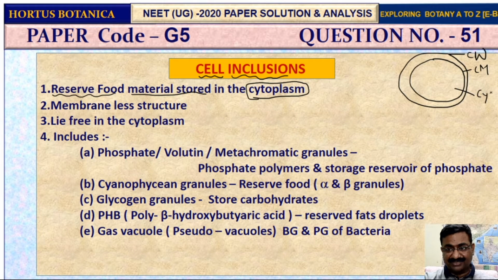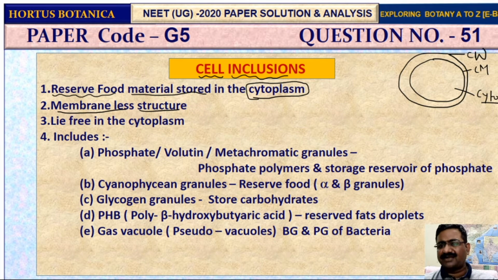So is this stored food material membrane bounded or not? It is not a membrane bounded structure. So the second point is that it is a membraneless structure. The cell inclusion bodies are membraneless bodies.